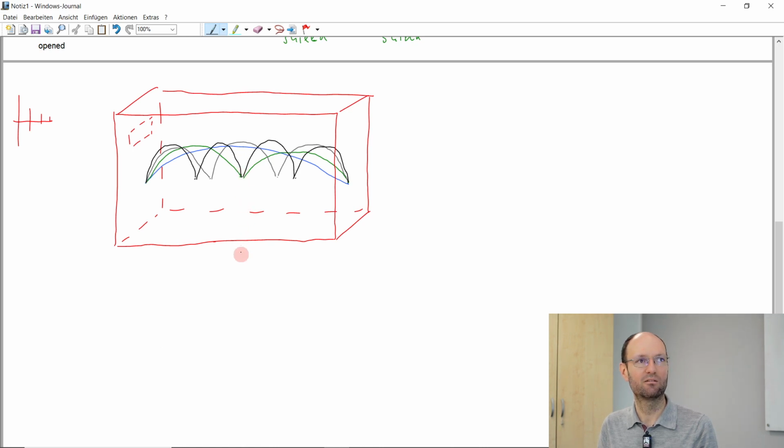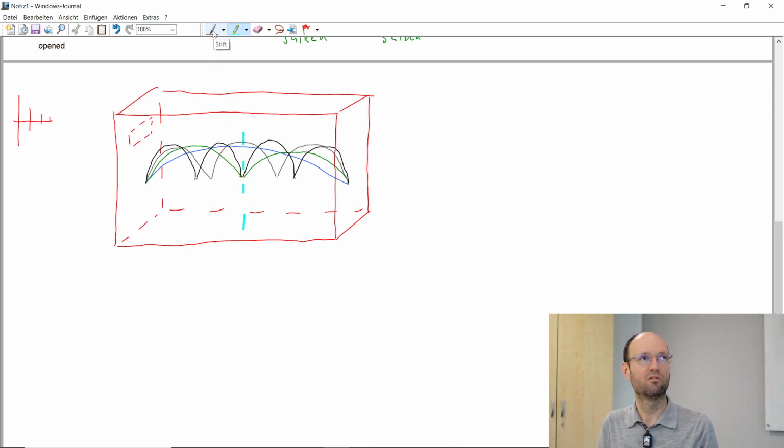If we do the measurement, let's say at this position, then at this particular frequency we will measure a high field strength. At the next frequency we will measure a very small field strength. Even if there's a field inside the cavity, we do the measurement at the node, so we don't measure anything. At the next frequency, the gray one, we will once again measure something, and at the next frequency, the black one, we again won't measure anything.